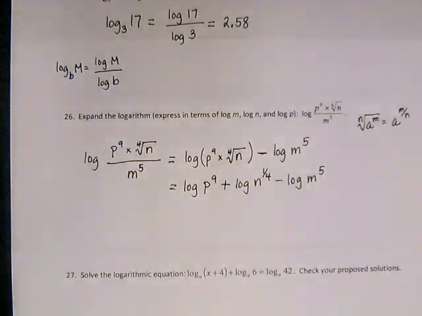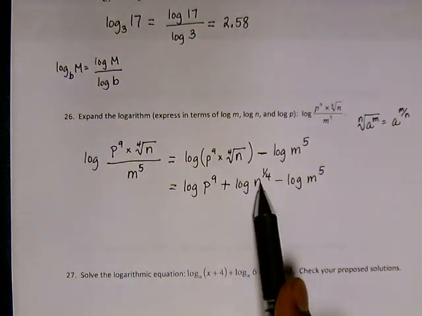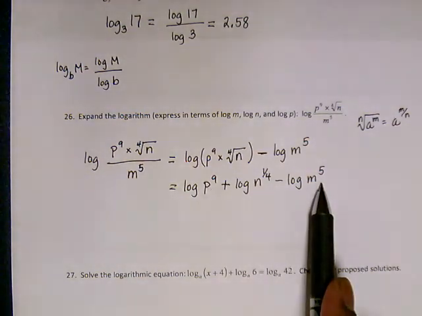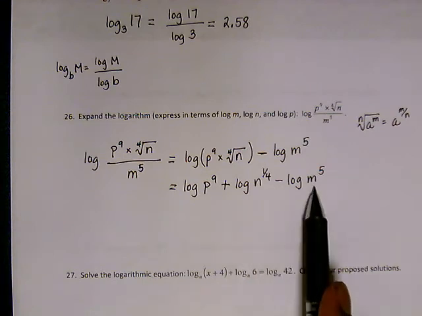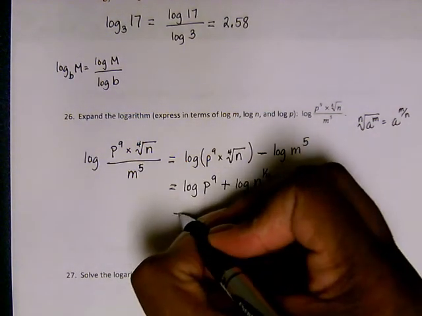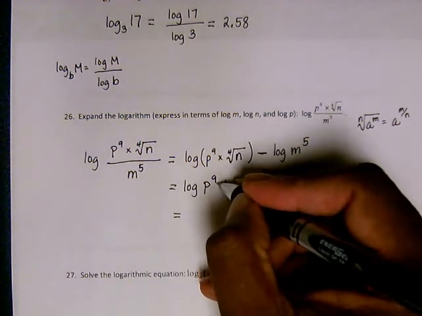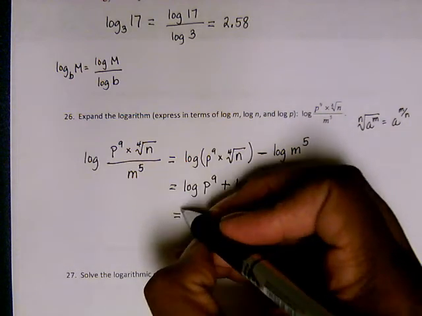Okay, now, one last thing I need to do. Each one of these has exponents. I can apply the power rule on each of these three terms. So in this case here, that 9 will become the coefficient of log of p.